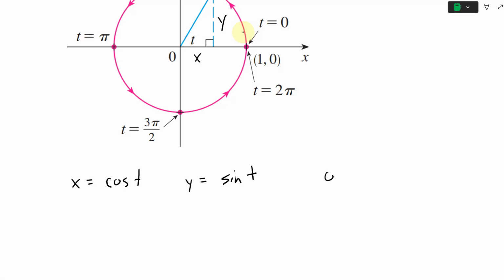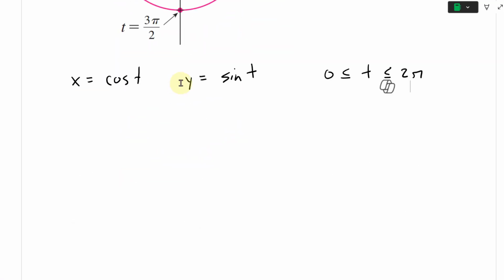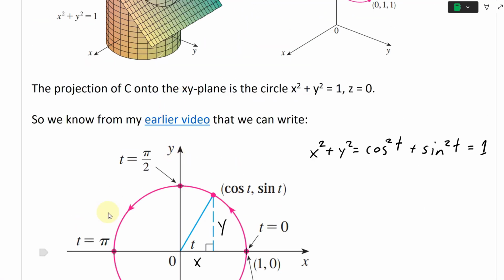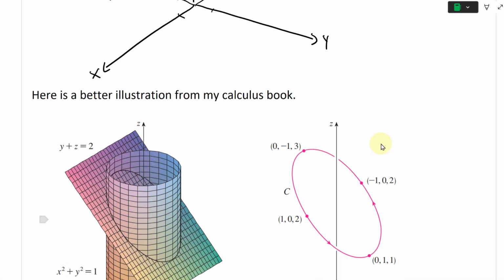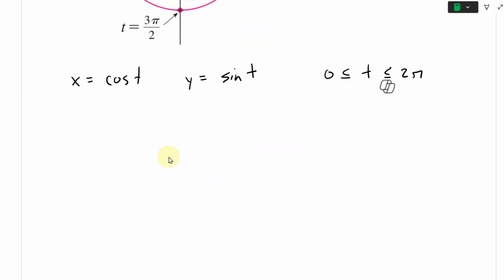And this is all for t between 0 and 2 pi, because after that, it just follows back in the same circle. So from t between 0 and 2 pi, we have a circle. We don't have to loop that many times, just one time, because all we need to know is one loop. We're just asked to find the shape here for one intersection, not infinite loops.